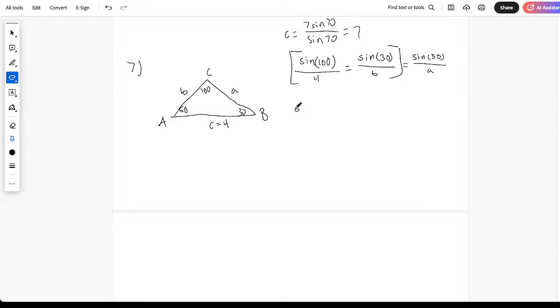So b, and then we're actually going to times this by its own reciprocal. That means it would be b times 1. And then this side you times it by the reciprocal as well. So you flip this upside down, and 4 times sine of 30, and you still have the sine of 100.